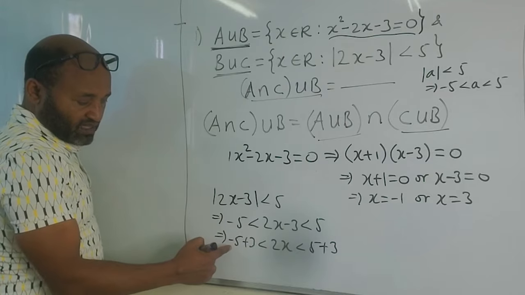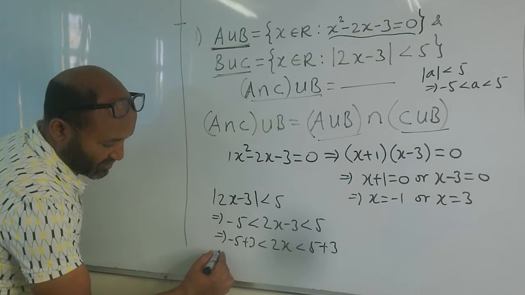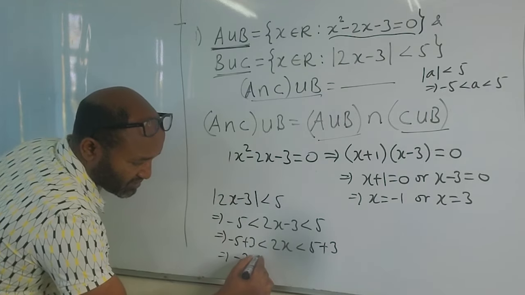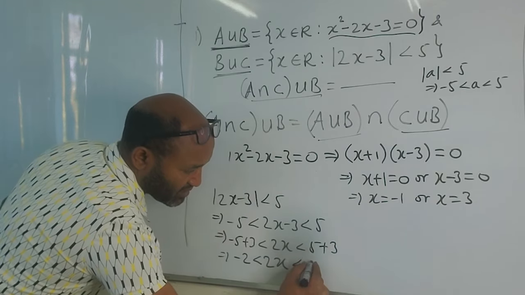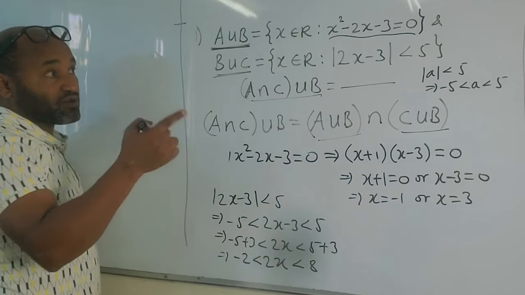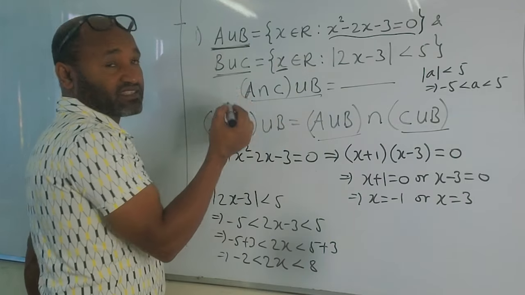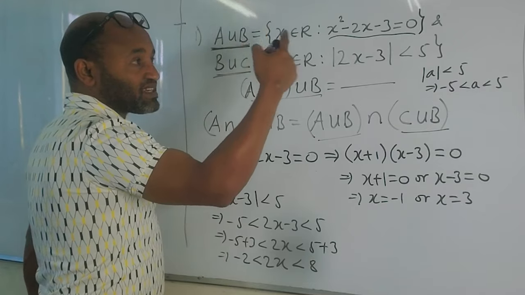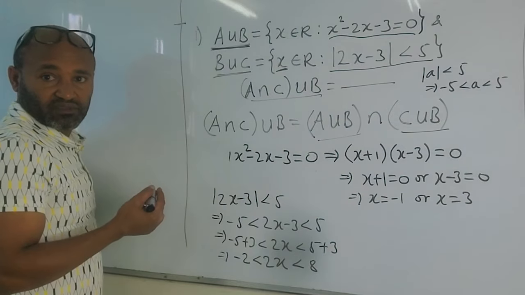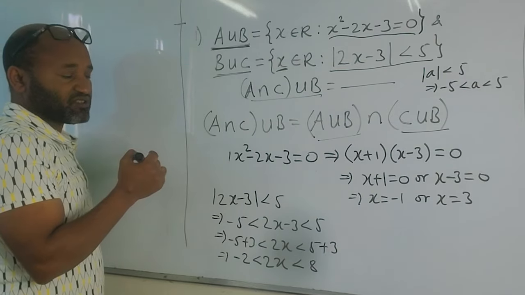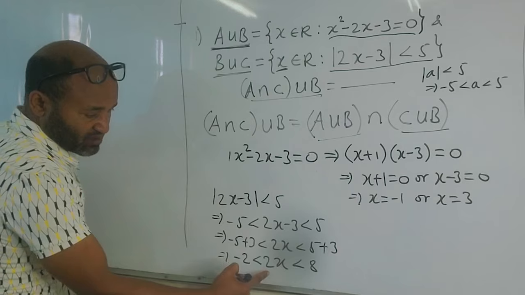So minus 5 plus 3 is minus 2, less than 2x less than 5 plus 3, 8. We are looking for x. The elements are x. What are those x? Making this open statement true. Those are our elements. Therefore, minus 2 less than 2x less than 8.